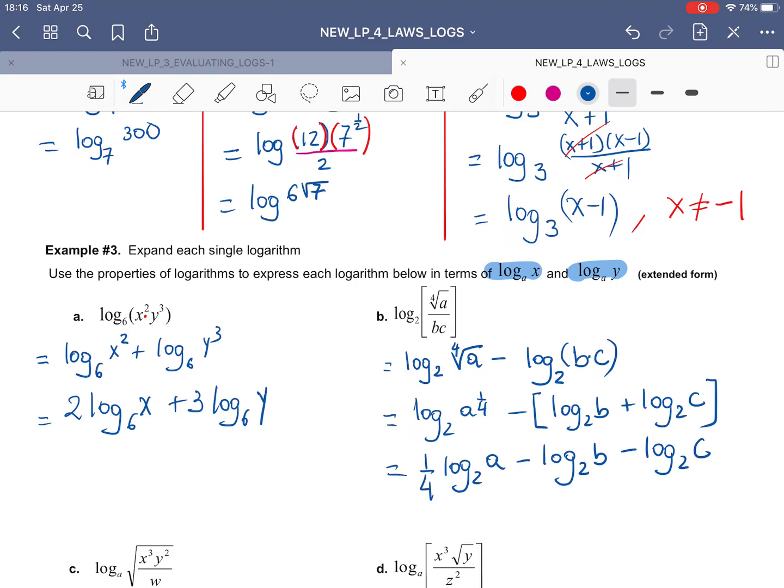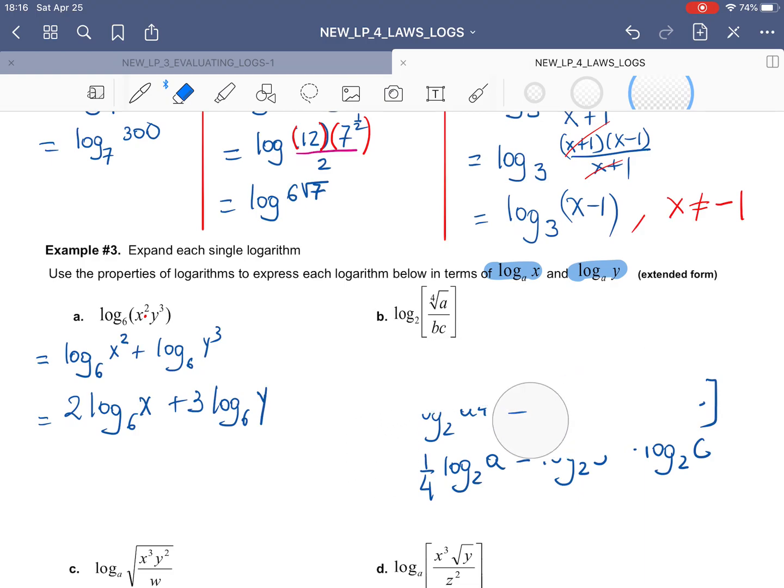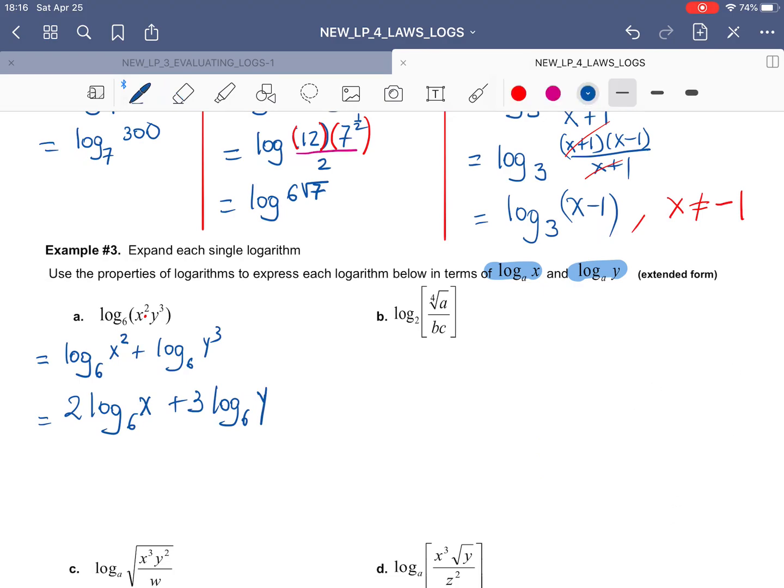Another one, which can be seen as an easier approach for many of you, is this. I'm going to have to erase this part here. You can also express the expression inside the log as a product, the whole thing. So what's going to happen is we're going to have log with base 2 of a to the power 1/4, b to the power -1, c to the power -1. Okay, and now we're just dealing with the log of the product.